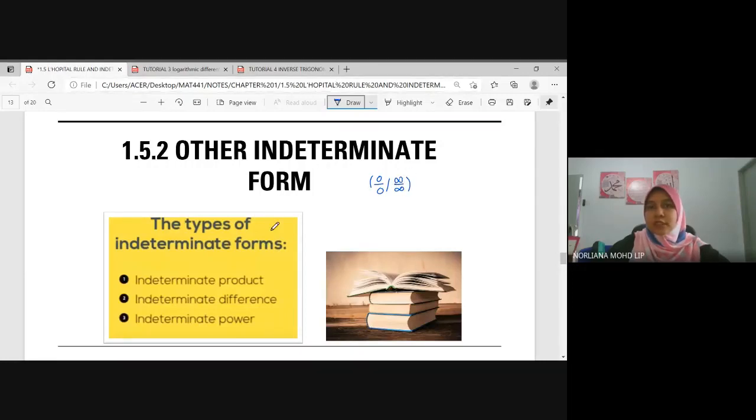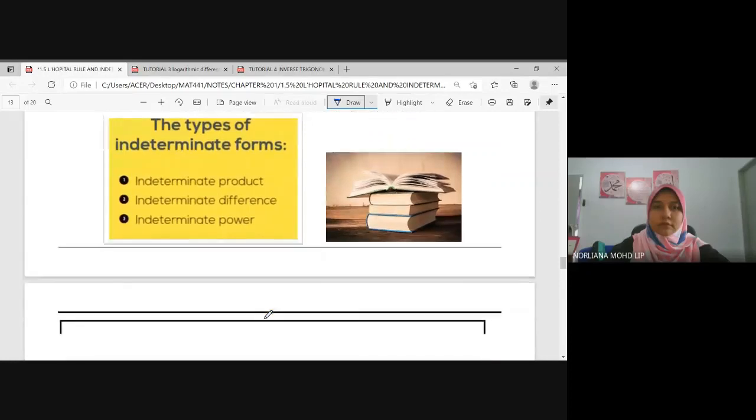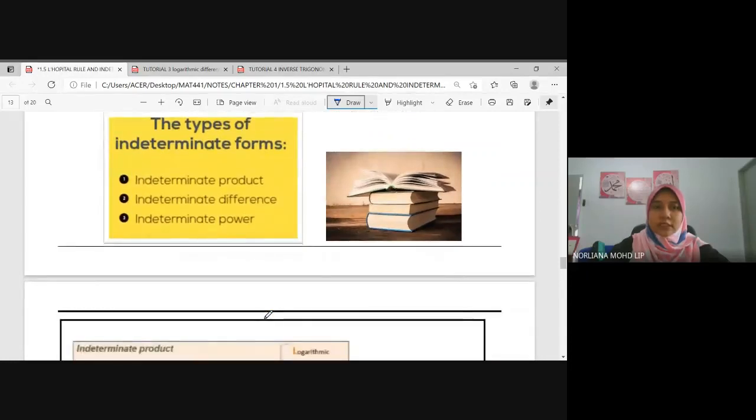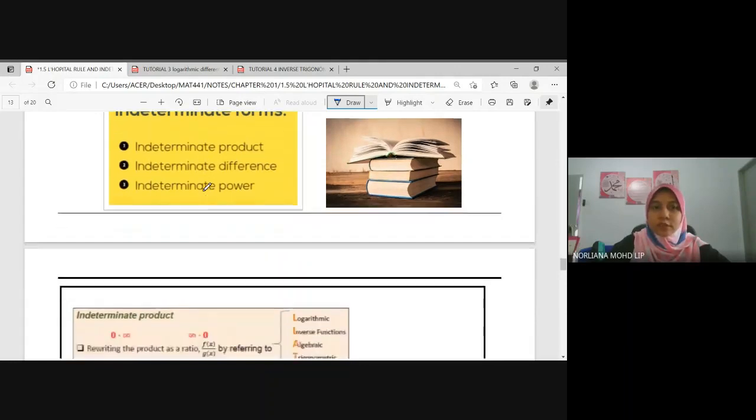This is the topic for other types of indeterminate form, which are the indeterminate product, second the indeterminate difference, and the third the indeterminate power. So let's look at an example of all these three: indeterminate product, difference, and power.